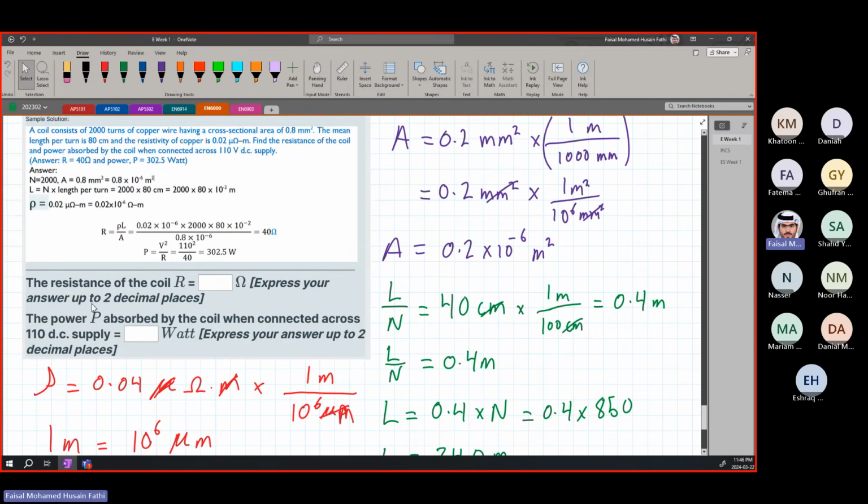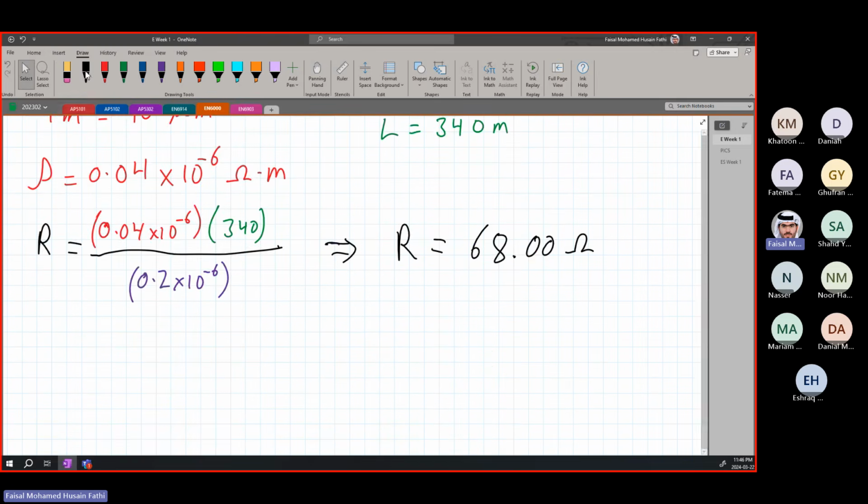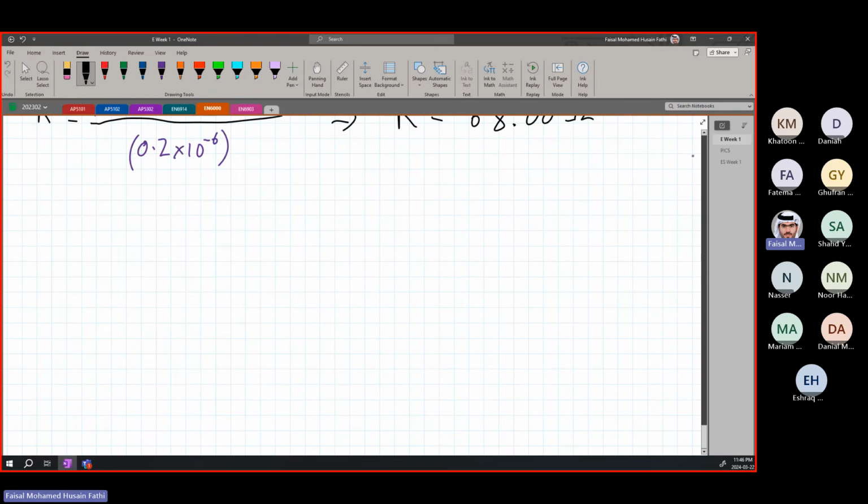The second question says the power P absorbed by the coil. Now, I didn't talk about the power much, but what you need to know is that it's also available in the formula sheet. The power is related to the voltage and to the current.